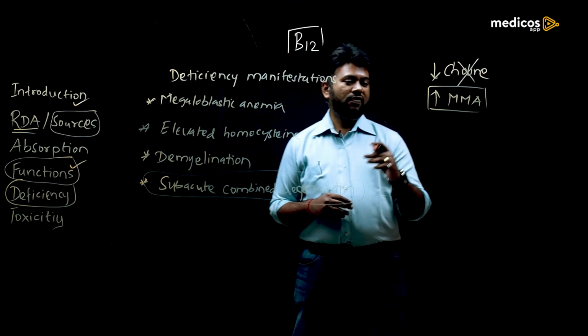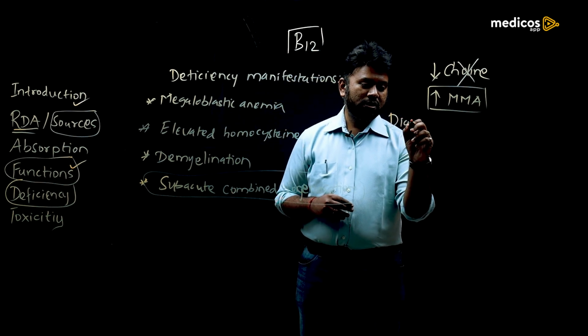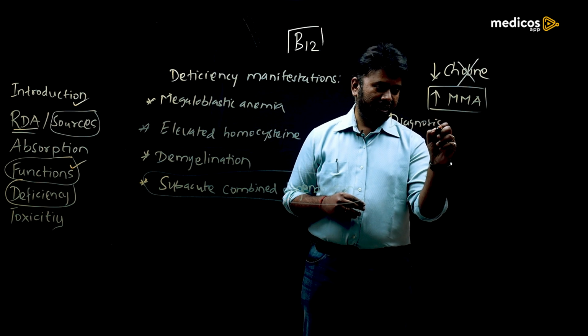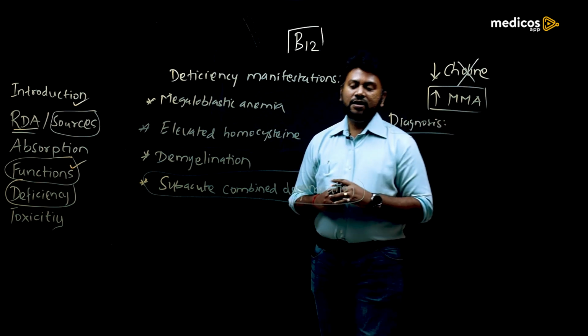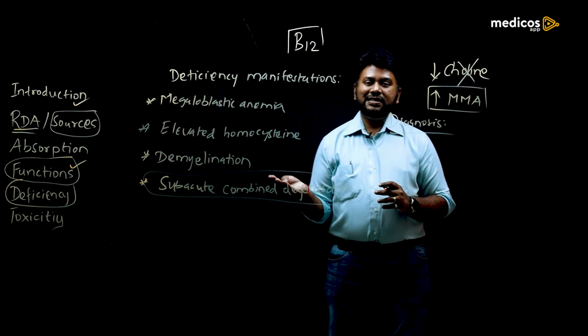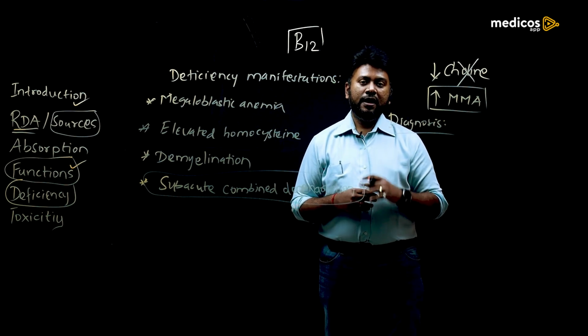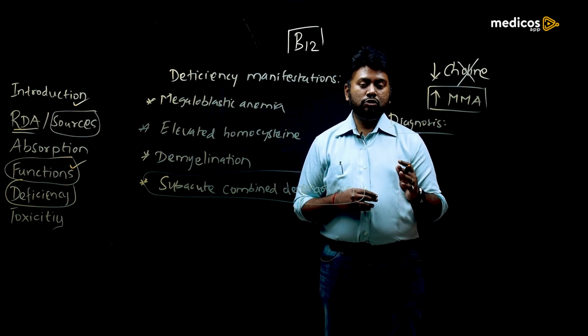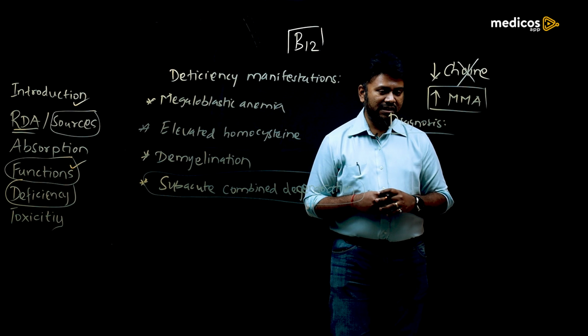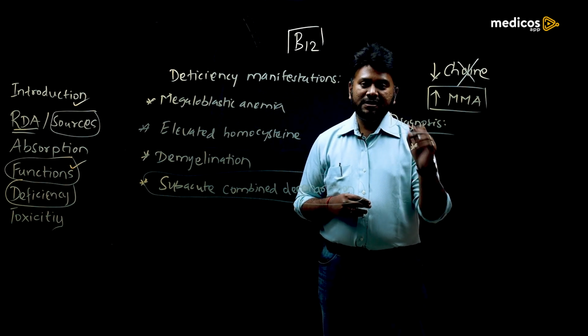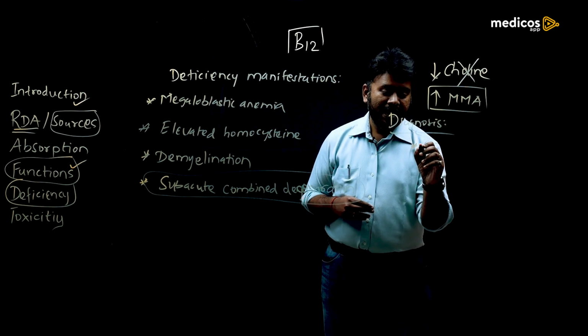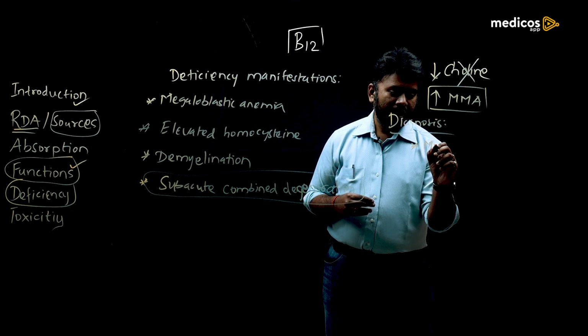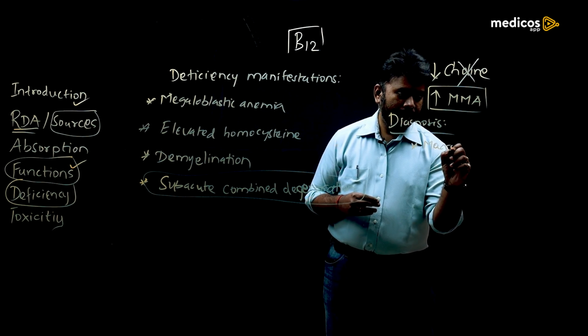Okay, so next we will see how to diagnose this vitamin B12 deficiency. As folic acid deficiency is also part of B12 deficiency, here also the lab investigations will be similar to that of folic acid deficiency. That means serum levels will be normal. In the blood picture you will be getting macrocytic anemia.